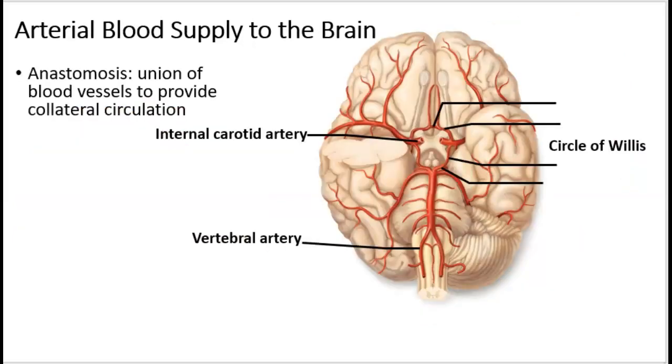If you look at the base of the brain, you can see that there are quite a few vessels that supply the medulla oblongata, the pons, the cerebrum, the midbrain, the diencephalon, and form what are known as anastomoses. That's a union of blood vessels that provide collateral circulation.